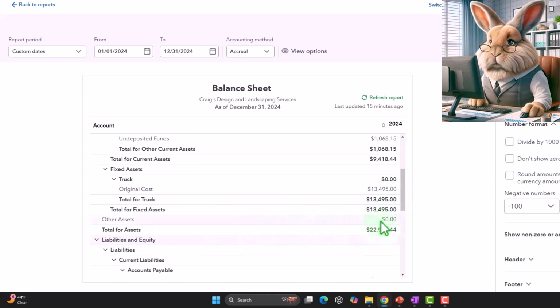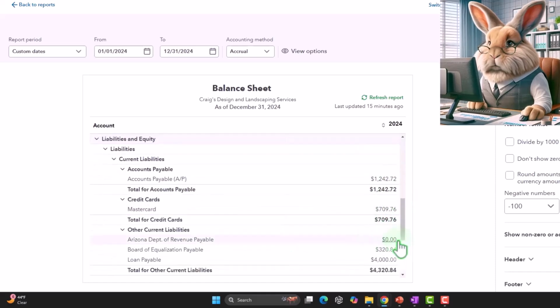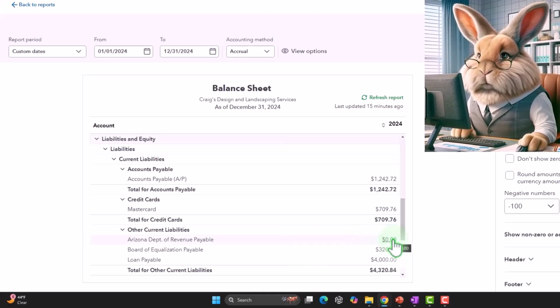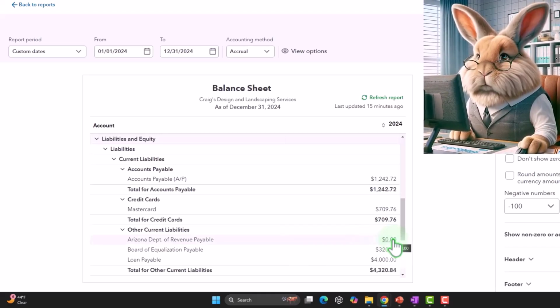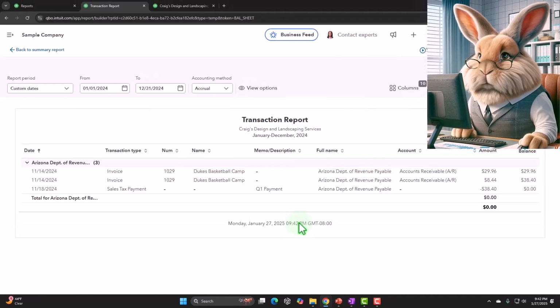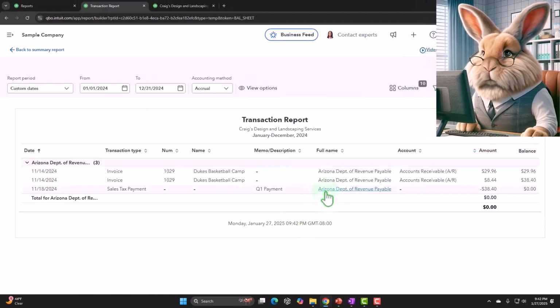For example, here we have a zero amount. Here's a zero amount. Now, normally you wouldn't want those for external reporting purposes because there's no activity in them. But for internal reporting, you might want to see all of the accounts that are impacted. And if there is something going on within that account, you might want to drill down on it. For example, clicking on it to give you the transaction detailed information.